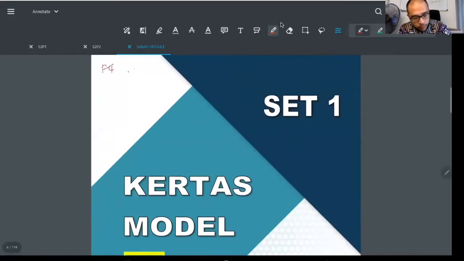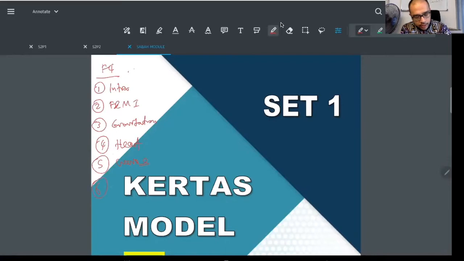Form 4, chapter 1 is Introduction to Physics. Chapter 2 is Force and Motion 1. Chapter 3 is Gravitation. Chapter 4 is Heat. Chapter 5 is Waves. And chapter 6 is Light. Then in Form 5, chapter 1 is Force and Motion 2.